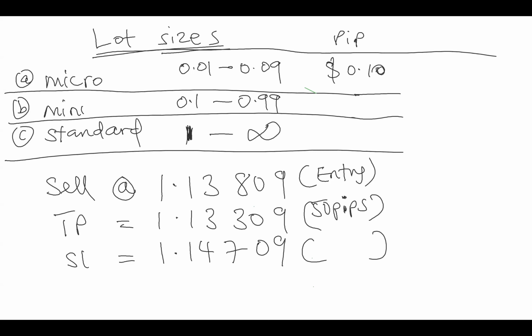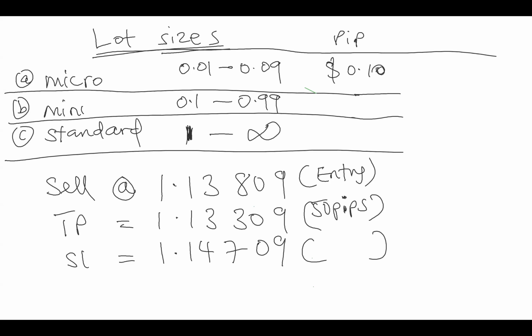All right, so just chill. Let me see. Someone said, this is not a JPY pair now. Only looking at the decimals, you already know if it's a JPY pair or not. You have 1.13809.